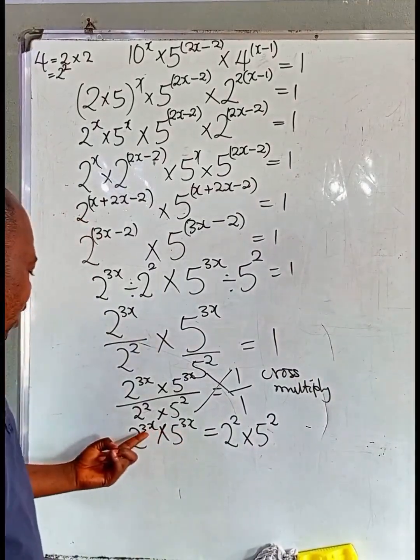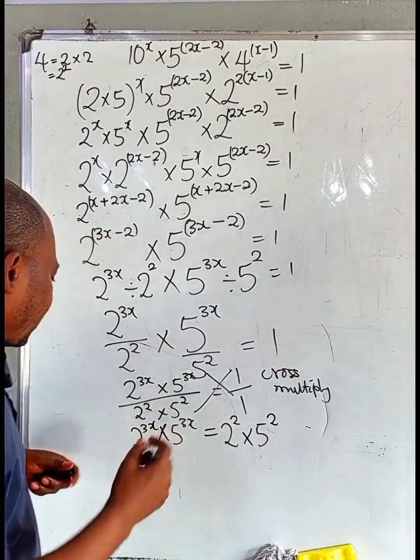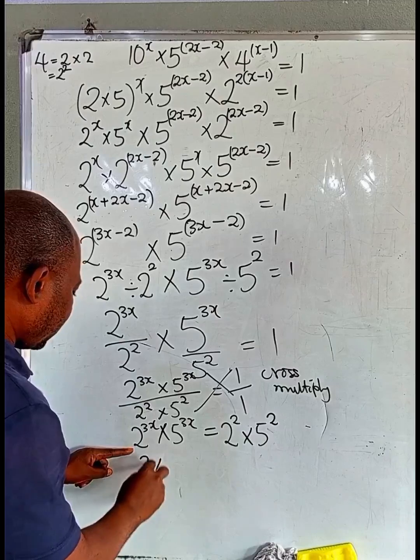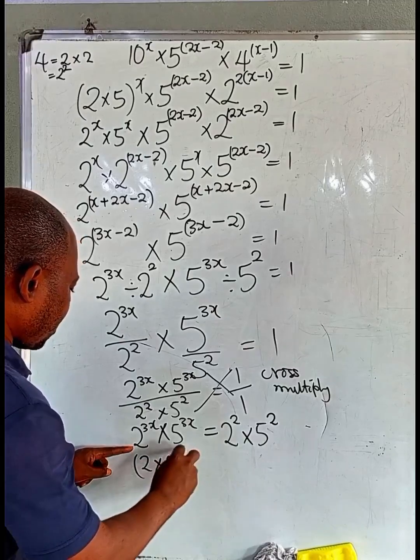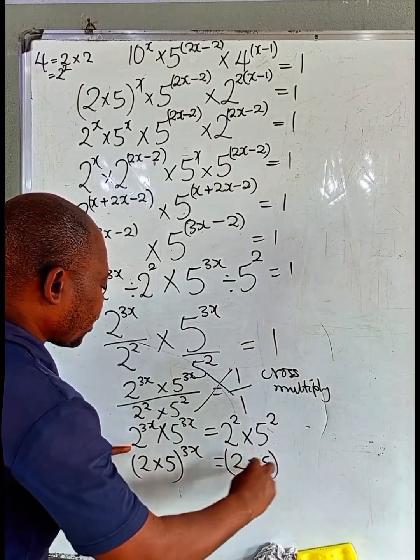You can see now we have the same powers, so we can combine them: (2 times 5) raised to the power of 3x equal to (2 times 5) raised to the power of 2.